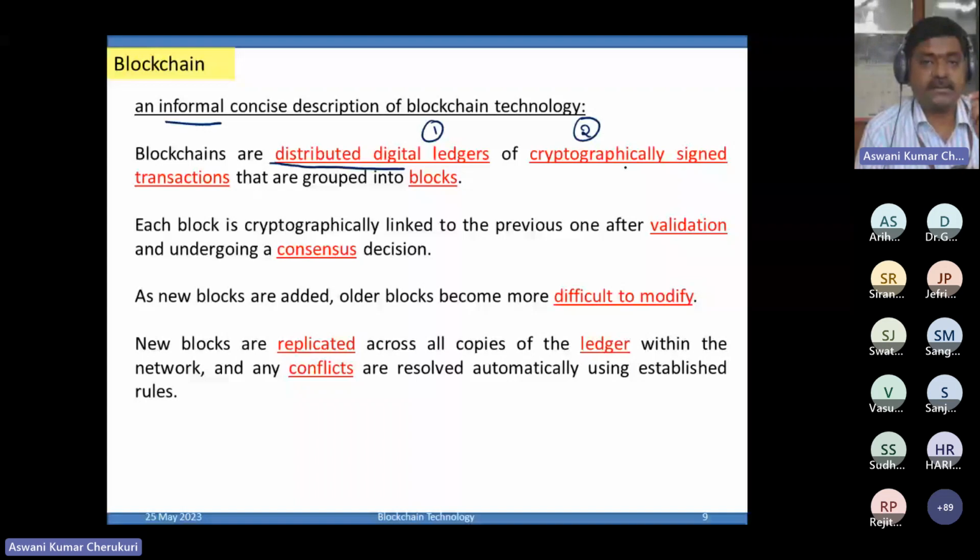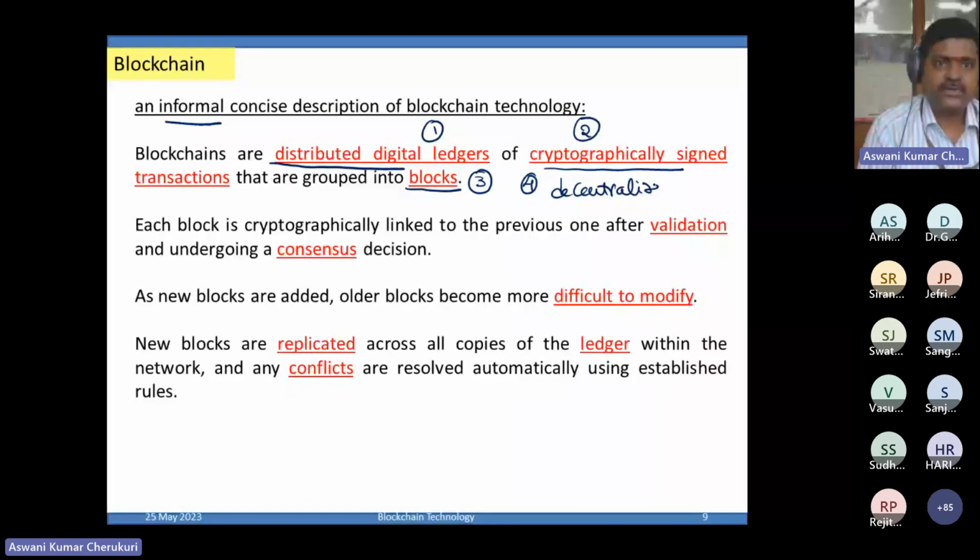We know what manually signed is, we do all our signatures. We are talking about cryptographically signed. And all these cryptographically signed transactions are grouped into blocks. And there is one more thing, these work with decentralized nodes.